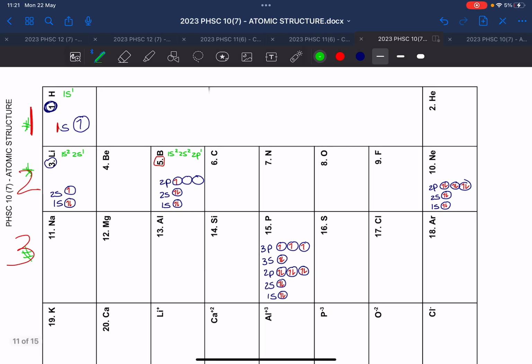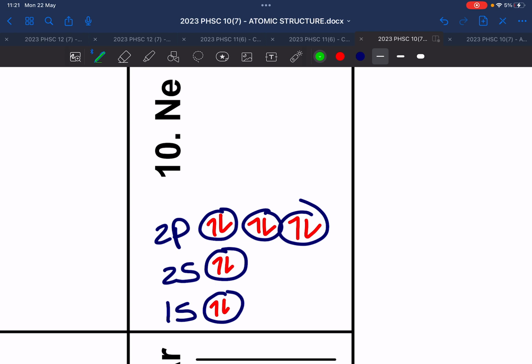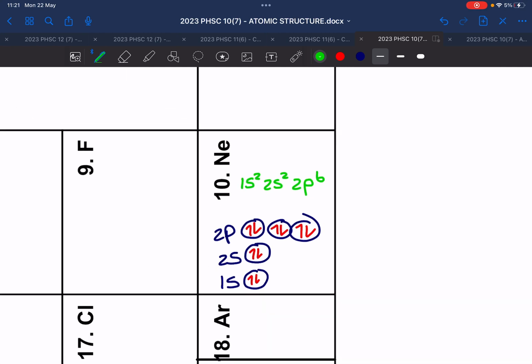Okay, alright. Then if you look at neon, we have 1s2, 2s2, 2p6. We spoke about the noble gases being complete, being perfect. Why are they perfect? Because the electrons are paired and the orbitals are filled. It's almost like a typewriter: ching!